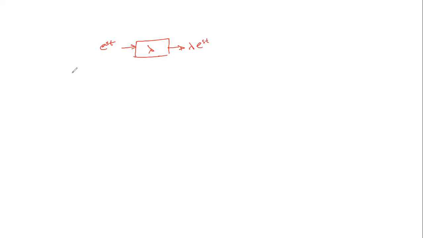So in other words, y of t is the same as lambda e^(st), which is the same as h of s e^(st), where lambda is the same as h of s, a property that characterizes the system.